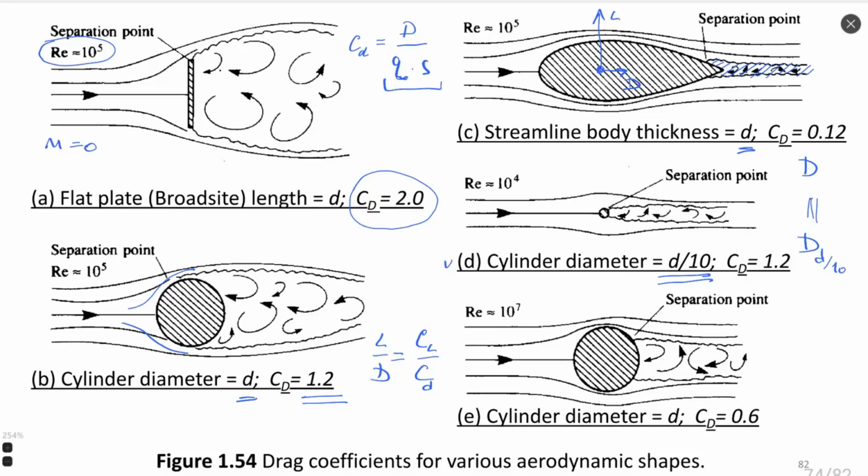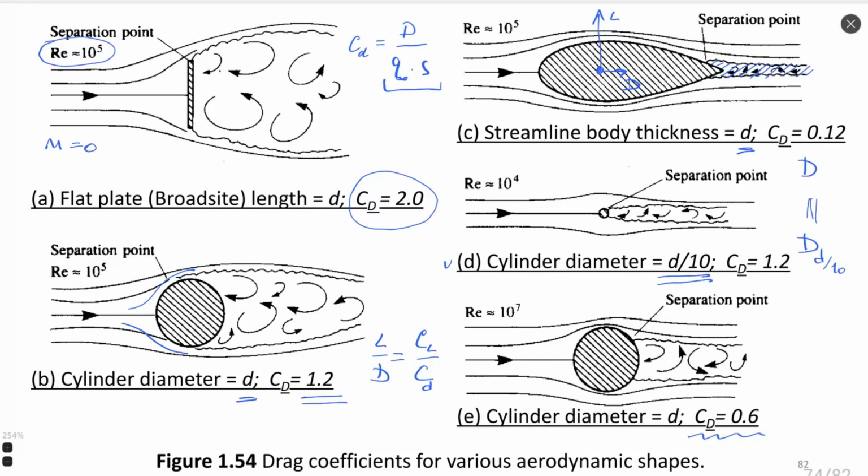Case E shows a cylinder of diameter D, the same as in case B, and it has a 2 times smaller drag coefficient. We can see that this CD is equal to 0.6. The difference between case B and case E is the Reynolds number. Because of the different Reynolds numbers, the structure of the separated zone, the structure of turbulence, is different.